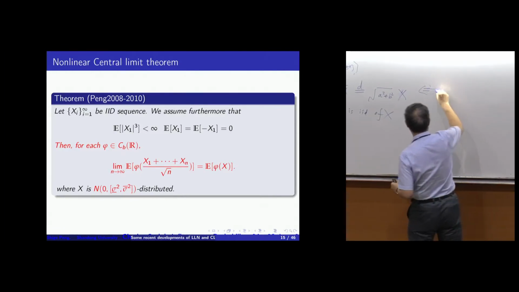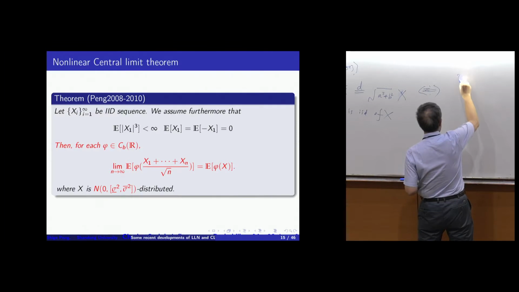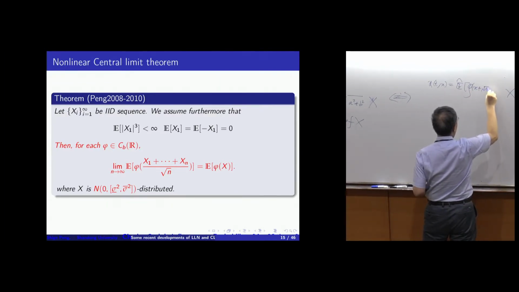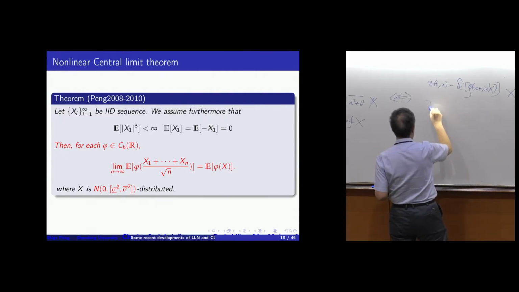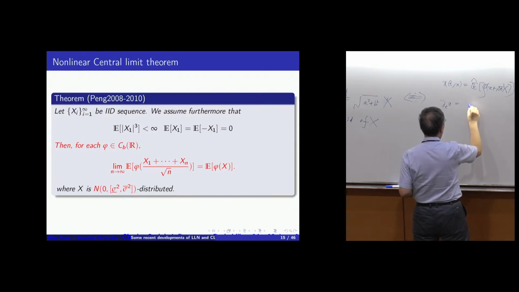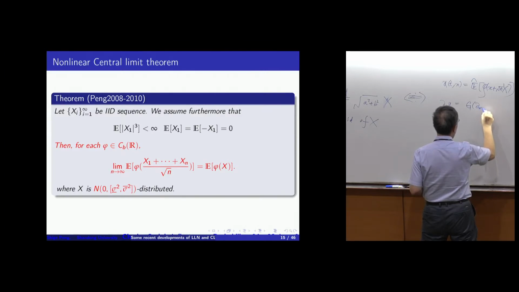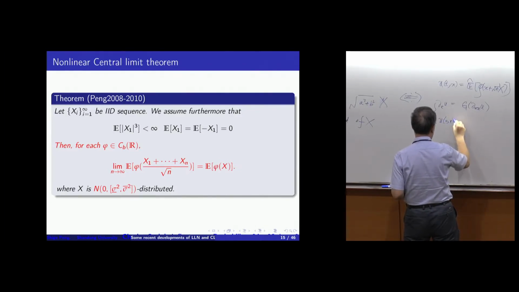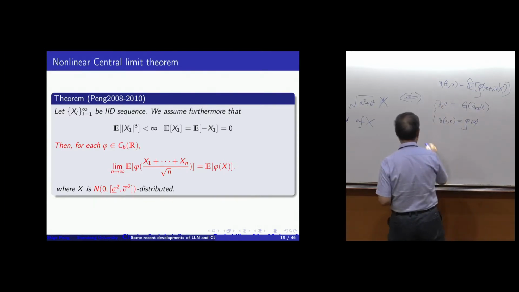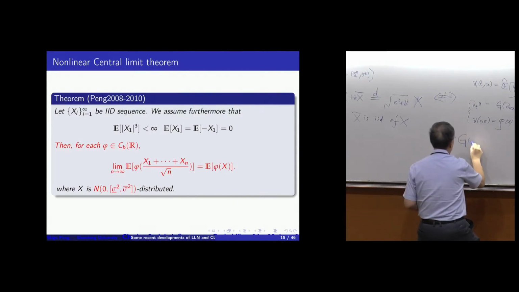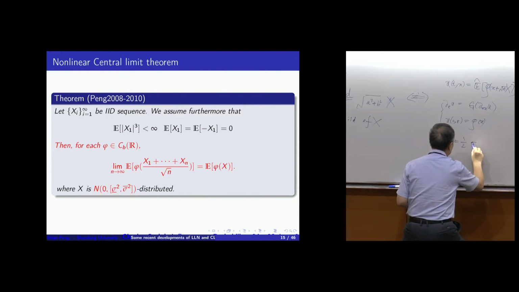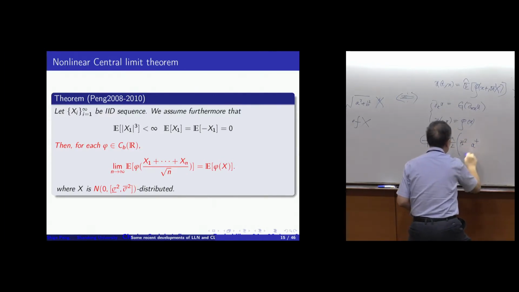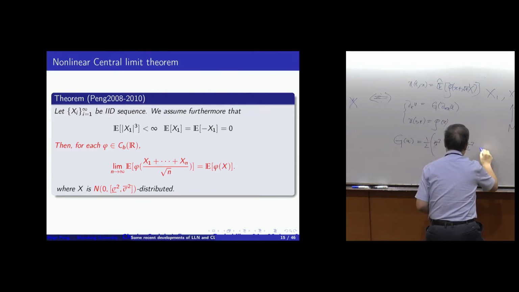But in this case, it's equivalent to say that if I define u(t,x) equals E of phi of x plus square root of t times X, then d_t u equals G of d_xx u, with u(0,x) equal to phi(x), where G(a) is one over two, sigma upper bar squared times the positive part of a, plus sigma lower bar squared times the negative part of a.